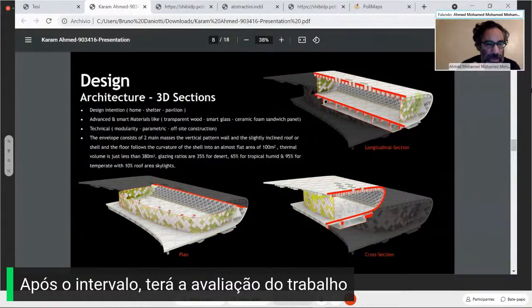This is the architecture of the case study and how it was laid out. It shows the envelope and how it's described, and how the design is affected by a very major item, which is the glazing ratio, or the window-to-wall ratio, which is very critical.